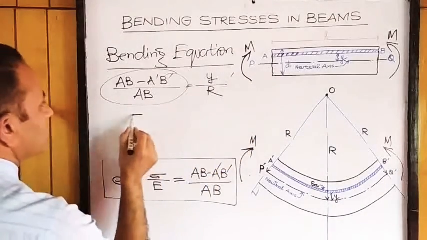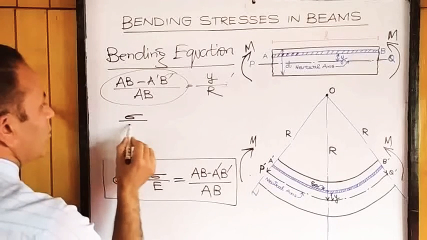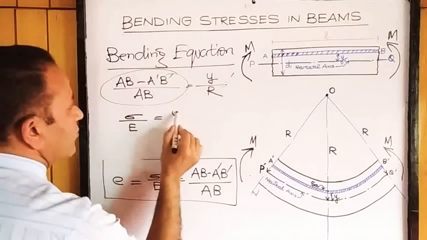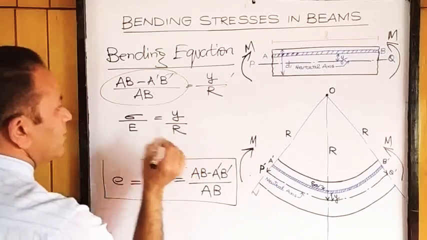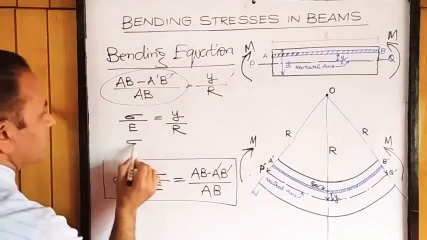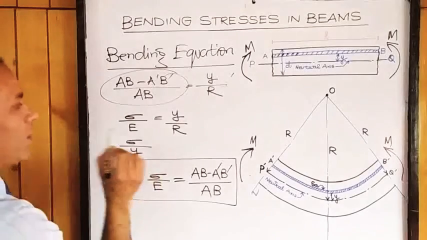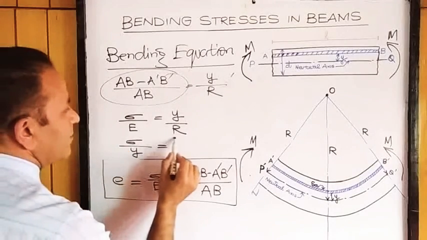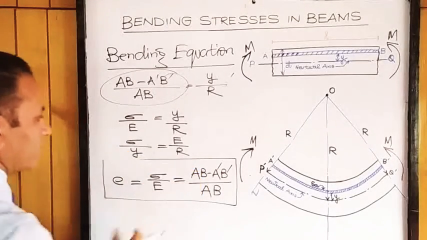So we will have stress divided by modulus of elasticity is equal to Y by R. Or we will have stress divided by this distance Y shall be equal to E by R. So this is what we get.